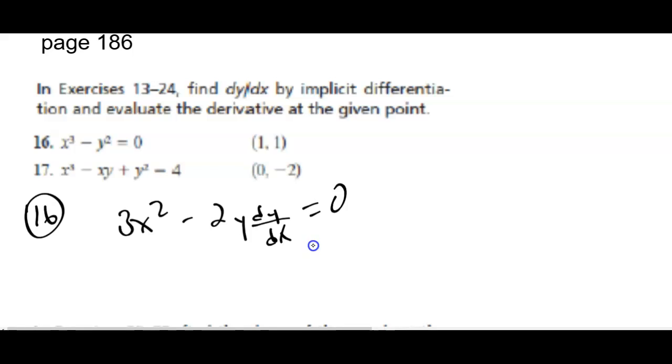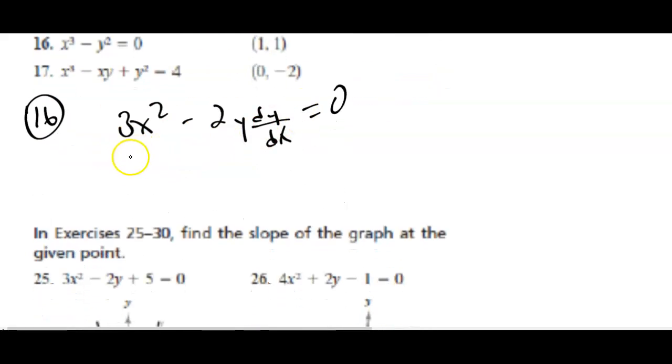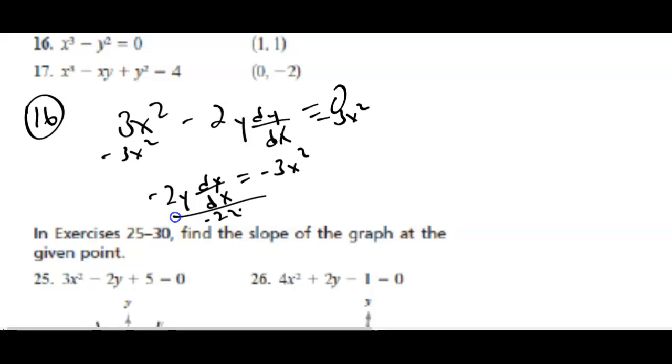Now let's isolate dy over dx, and then we'll plug in after we isolate dy over dx. So minus 3x squared, so negative 2y, and then we're going to divide by negative 2y.